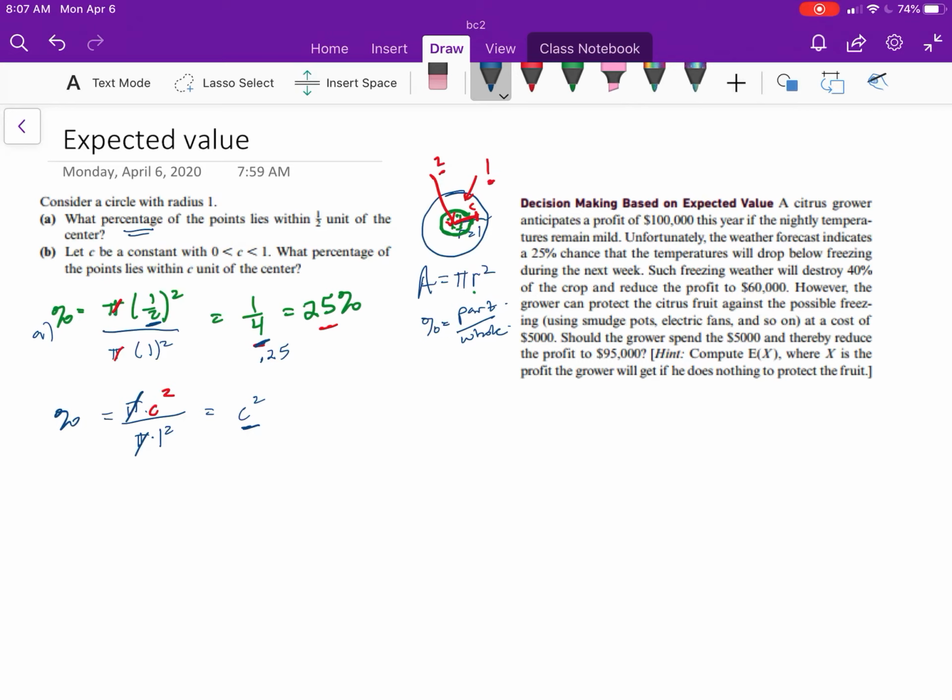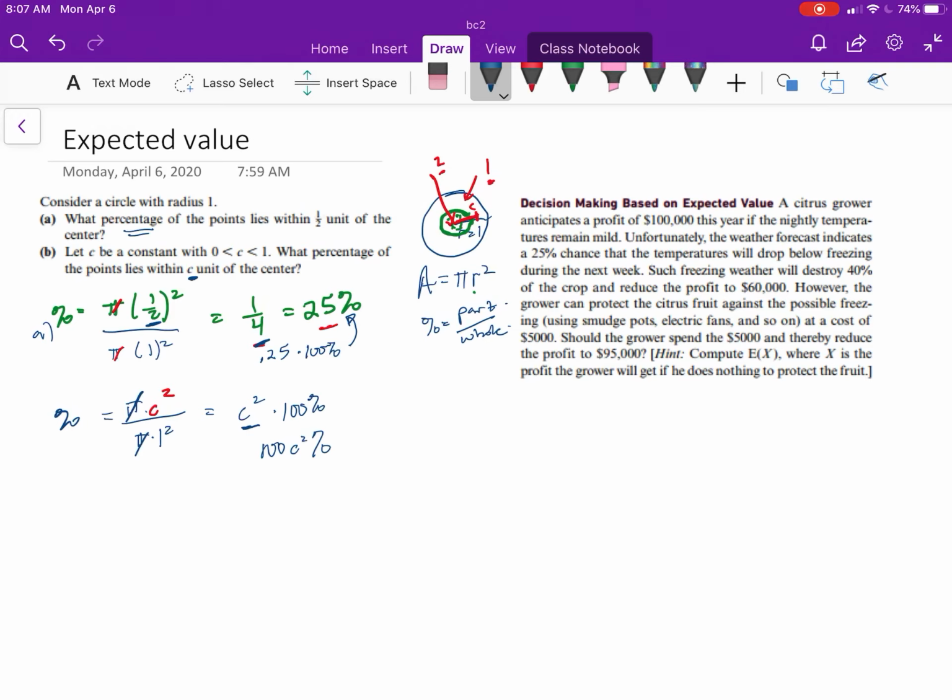We multiplied that by 100%, which is 1. That's how we got 25%. So C squared times 100% is just 100 C squared percent. We could have left it as C squared times 100%, either way. So whatever length they give you, however far away from the center, you just square that and multiply it by 100%.